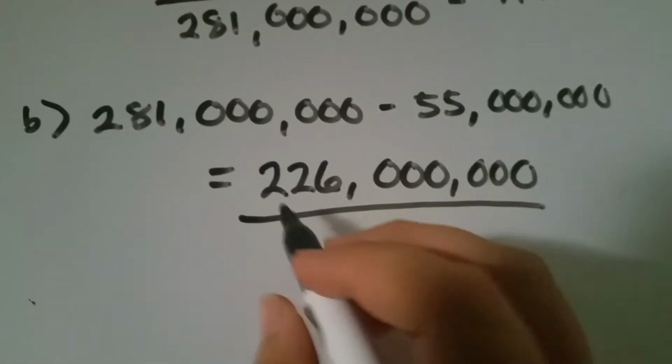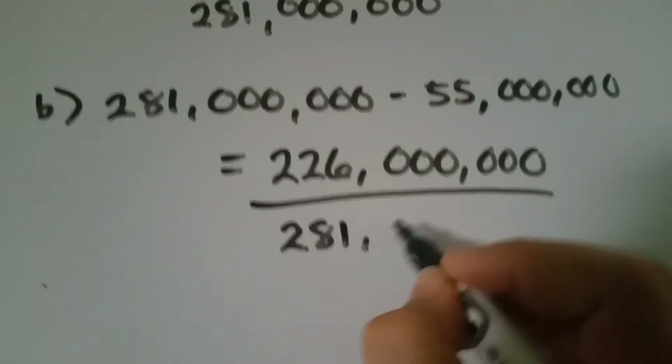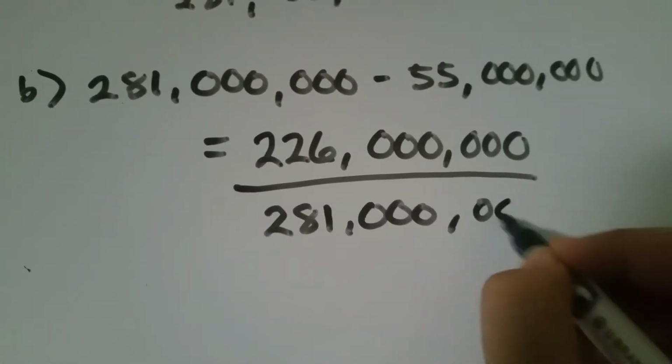And how are we going to find out the probability? Well, you have to divide it by the total amount of people.